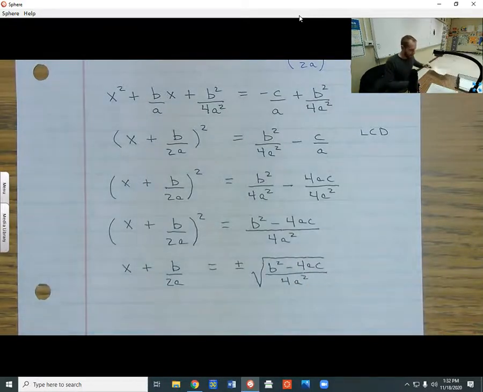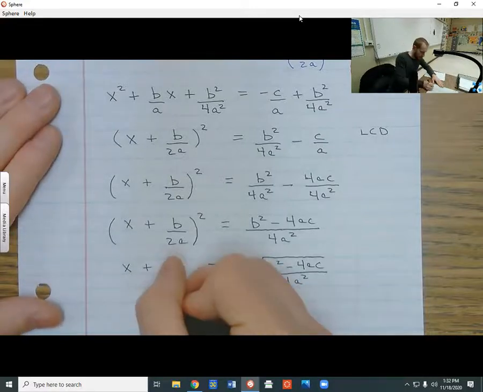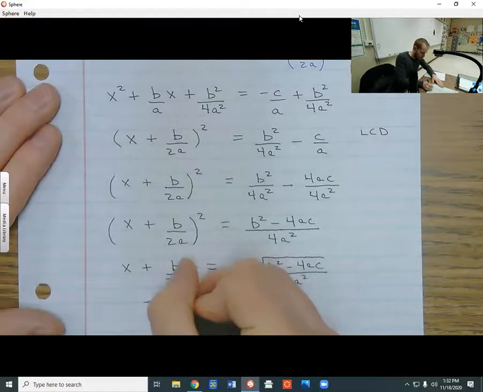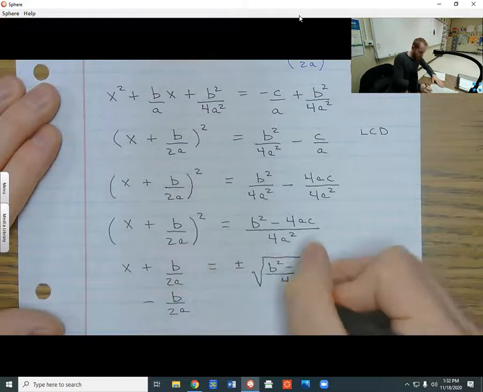And then what we're going to do is we're going to get rid of this b over 2a. We're going to subtract it from both sides. Okay? So, let's go ahead and subtract b over 2a from both sides. And I've also got to subtract it from this side too.